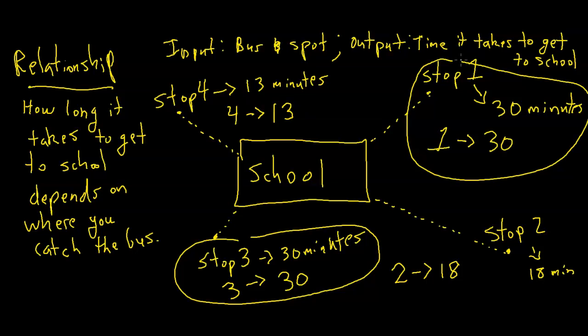But we wouldn't be able to say, for example, bus stop 1 takes you both 30 minutes and 21 minutes. That wouldn't make sense, right? Because that wouldn't be an answer. We can't be asked, how long does it take you to get to school from bus stop 1? And we can't say in response, 30 minutes and 21 minutes, right? That's, again, why you're not allowed to have multiple outputs for one input.